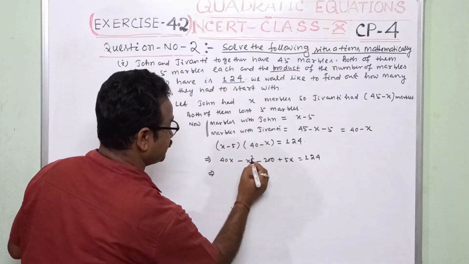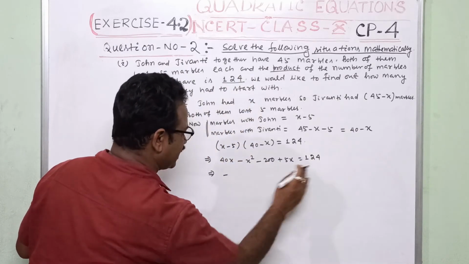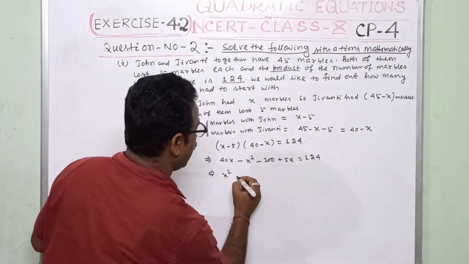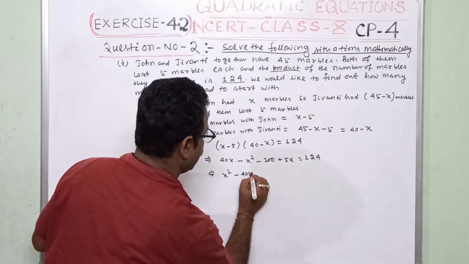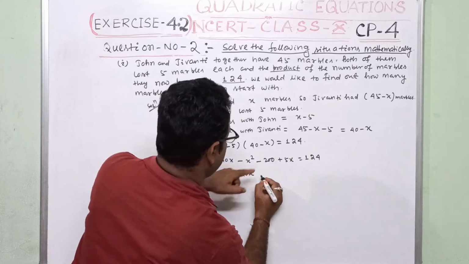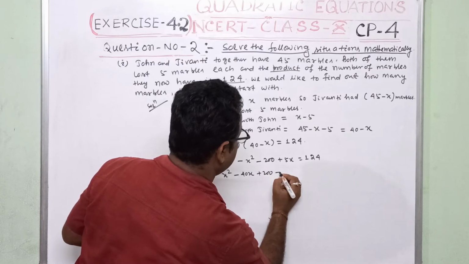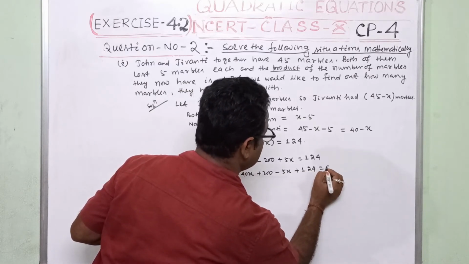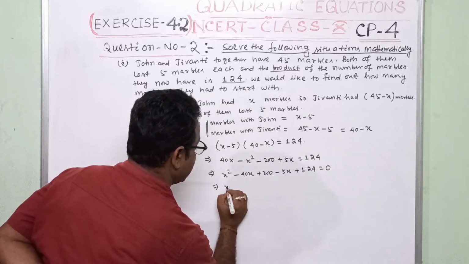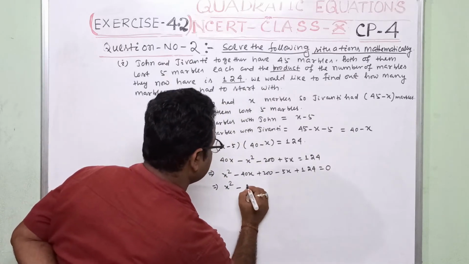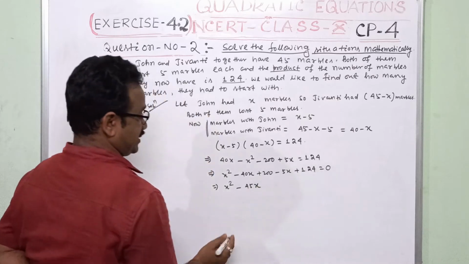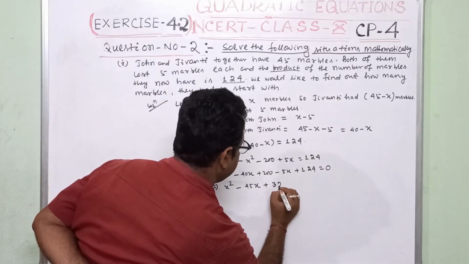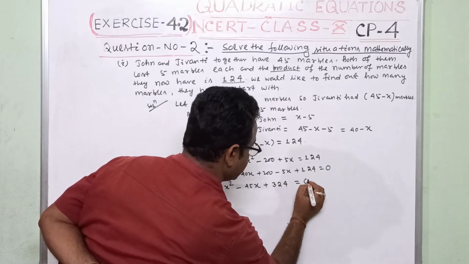That implies, taking it to the right side, x square minus 40x plus 200 minus 5x plus 124 is equal to 0. That implies x square minus 45x plus 324 is equal to 0.